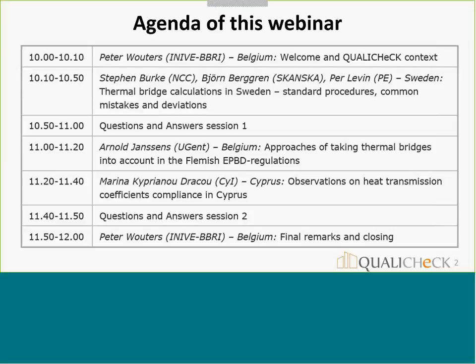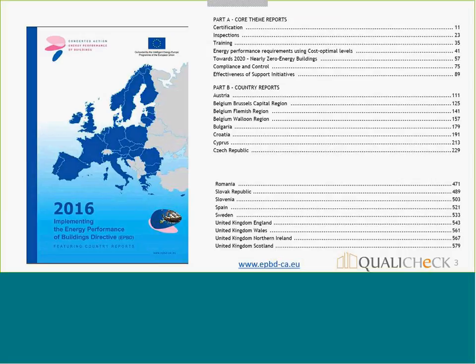The context of this webinar is, for most of it, linked to the EPBD, the Energy Performance of Buildings Directive, which I assume you all know, obliges the member states to have in their country energy performance legislation requirements, the issue of energy performance certificates. So basically, each member state has quite similar challenges.